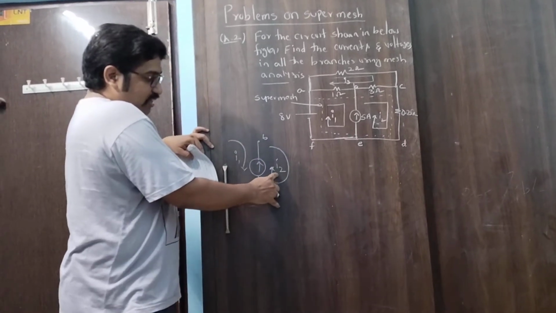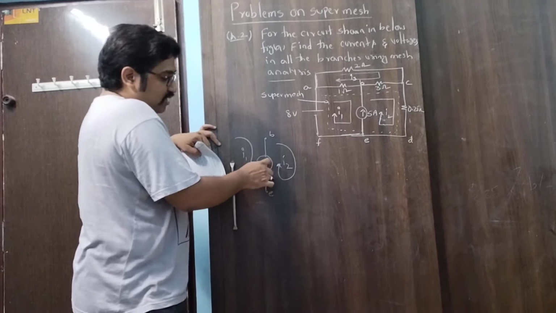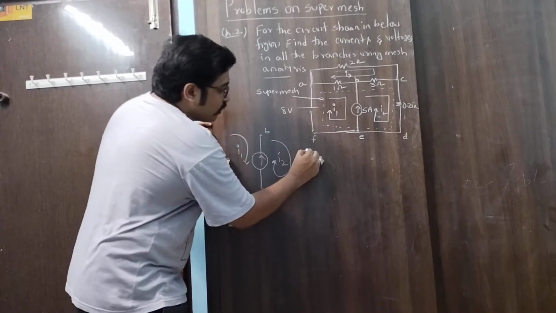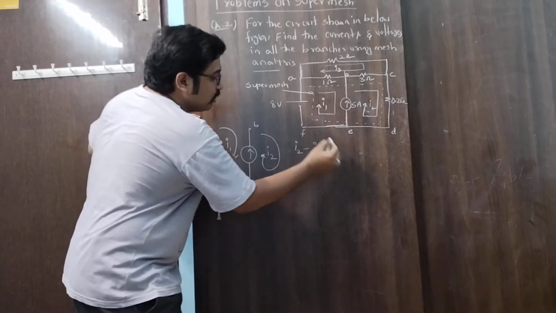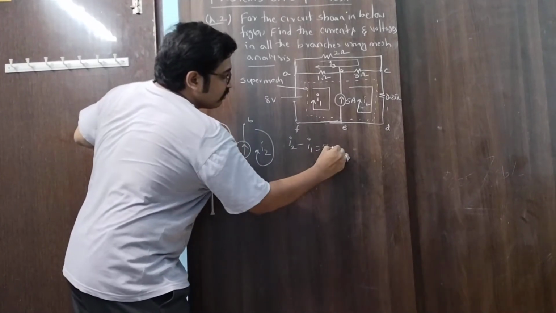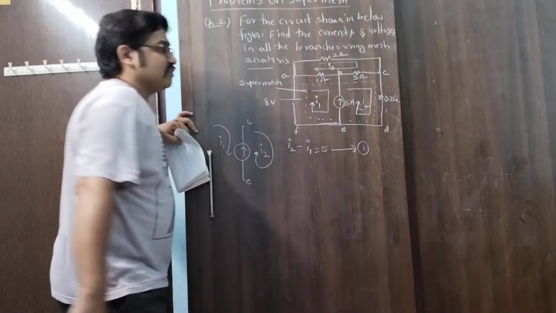The direction of the second loop current coincides with the direction of the current source, so we take I2 as positive. So I2 minus I1 is equal to 5 amperes. This is the first equation.